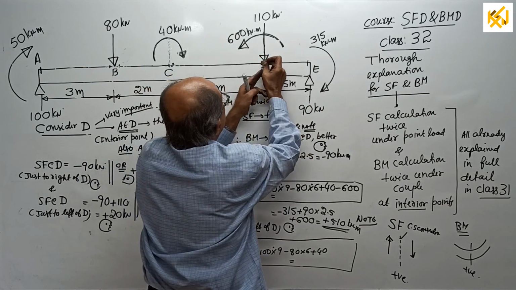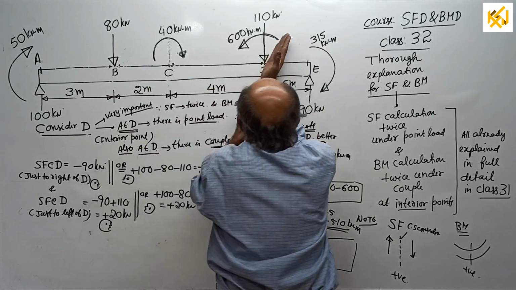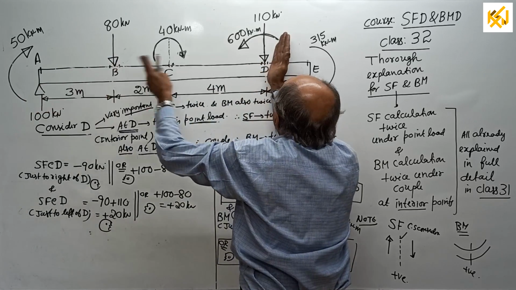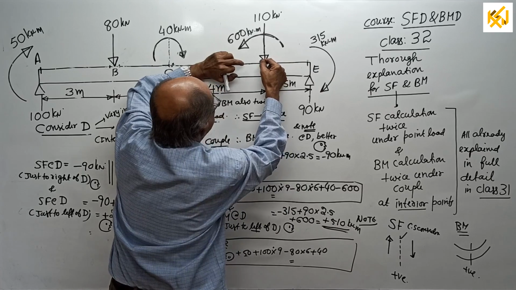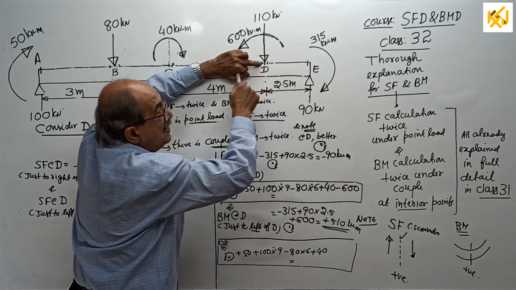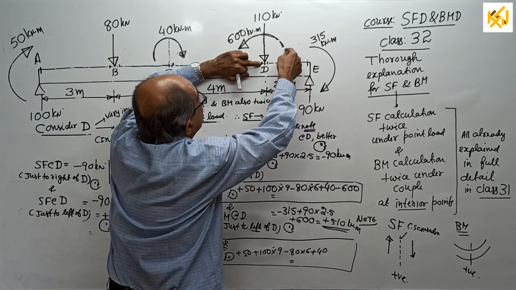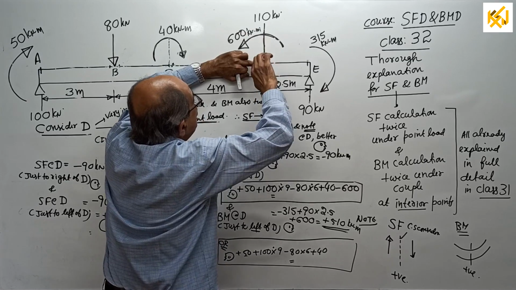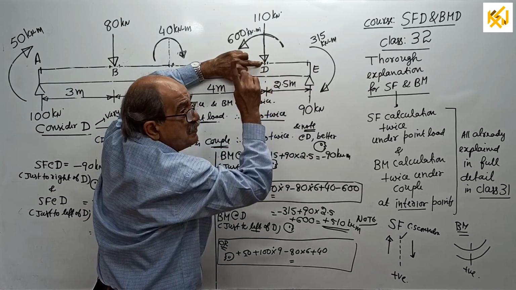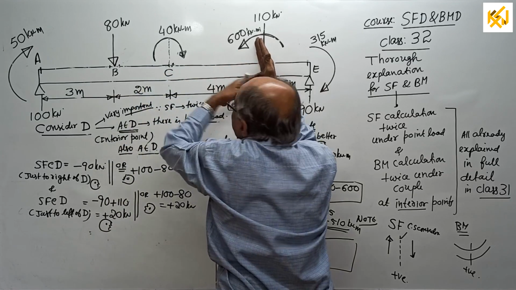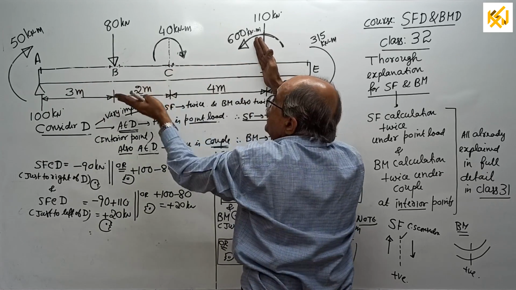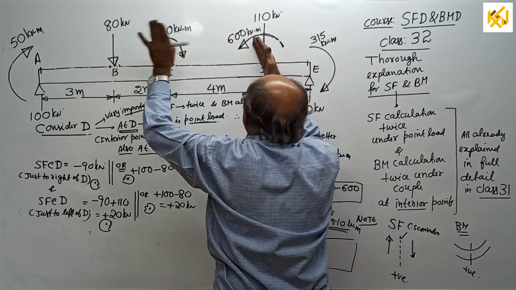But if you go slightly to right side and look this side, you can see the couple. And when you consider just to left of D, if you look right side, the couple is acting here, so you can see the couple. Whereas if you look this side, when you come just to left of D, this couple you cannot see.